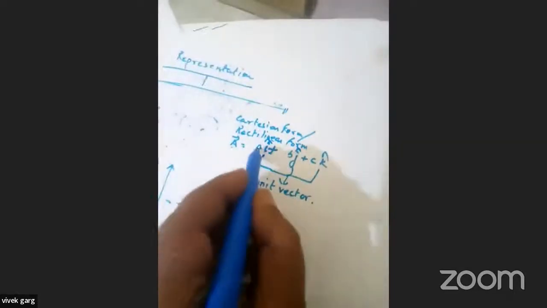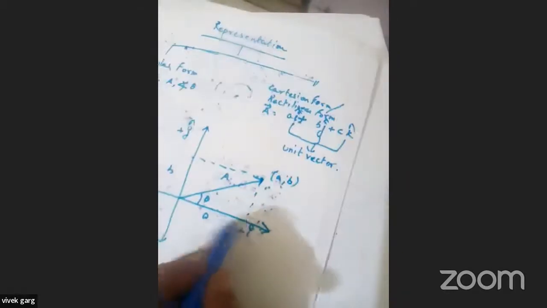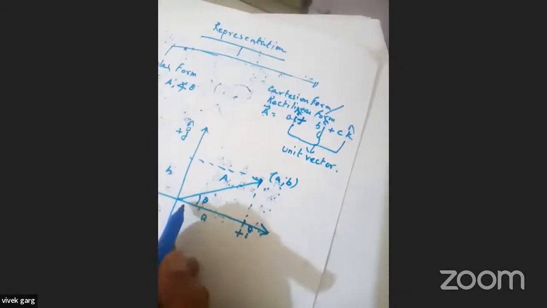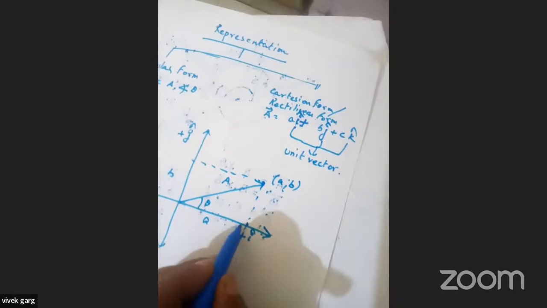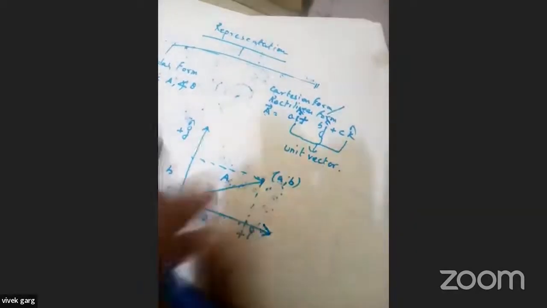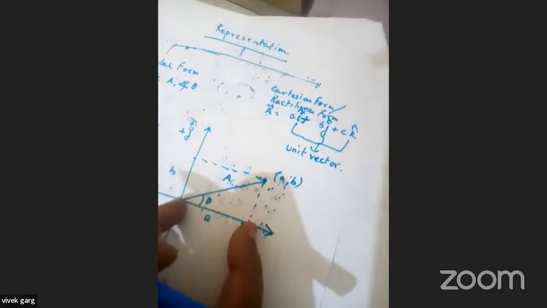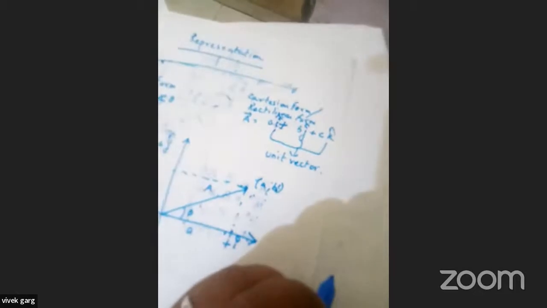See, A into 1 is still A. So if I say A along the x-axis, A is the magnitude, or 1 into 1 unit along the x-axis is still A, the magnitude along the x-axis, B along the y-axis, and C along the z-axis.